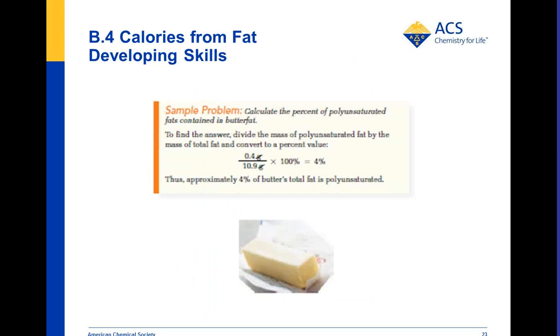Here, the students are looking specifically at butter and margarine, and they should conclude after doing the calculations that nearly all the calories in butter and margarine are from fat.